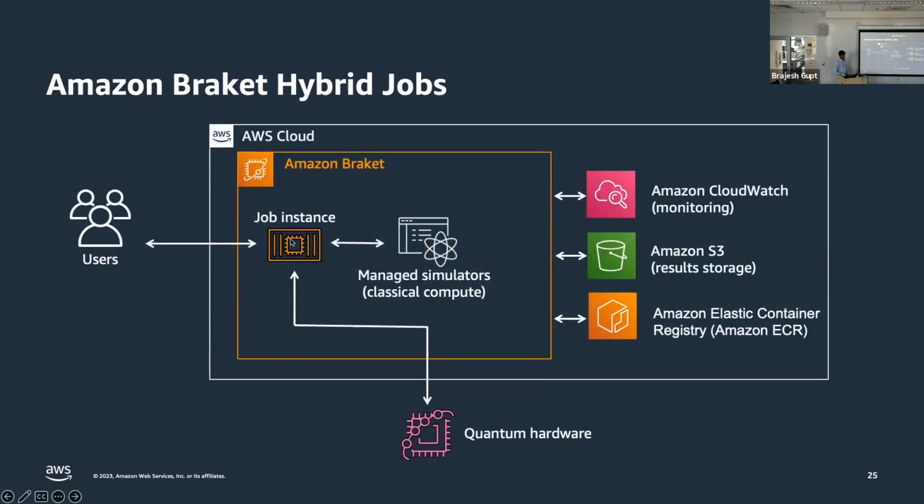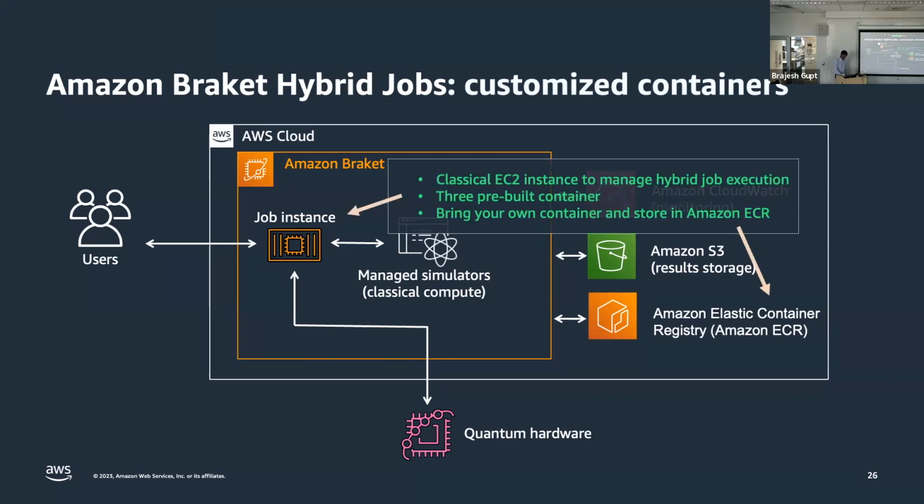A job instance is basically a combination of the classical part of the program and the quantum part of the program, and that is run on Amazon Braket, right? For example, there is a classical EC2 instance deployed to manage hybrid job execution, to manage the running of the program on the classical and on the quantum computer.